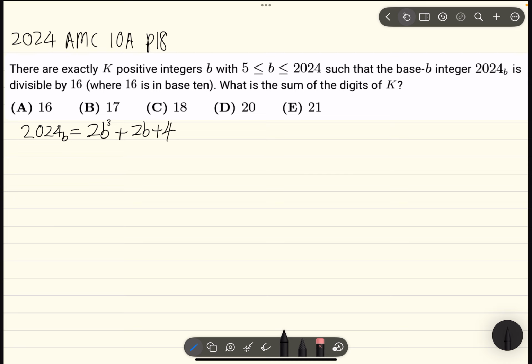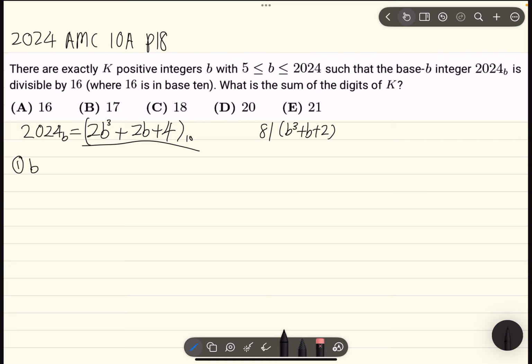This is in base 10, and we know it is divisible by 16. That means b cubed plus b plus 2, if we divide the expression by 2, is divisible by 8. So casework is the most straightforward way. There are obviously faster ways, but this doesn't require excessive thinking.